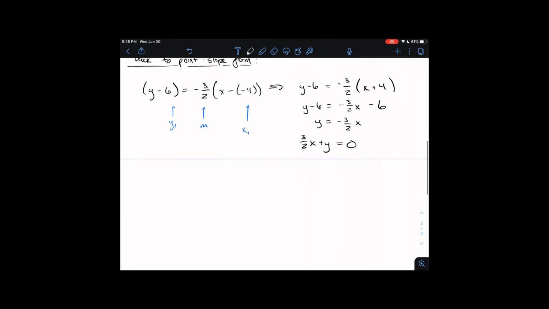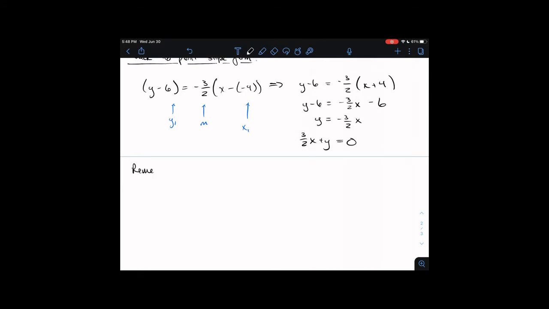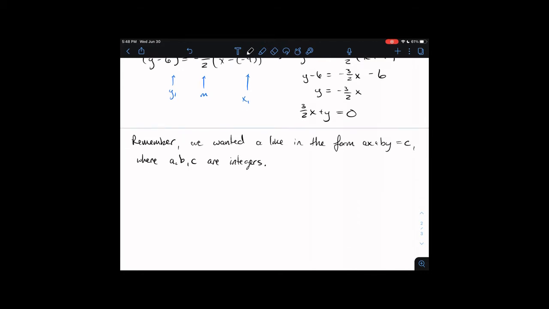If we remember, we wanted a line ax plus by equals c. Now the last part of that is a, b, and c are integers. Right now my a is 3 halves, so I have to multiply everything by 2.